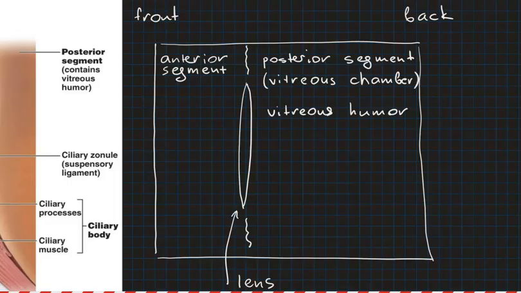And FYI, not for the exam, but vitreous chamber is what's called immune privileged site. It means that your immune system does not really reach into that part of an eye.